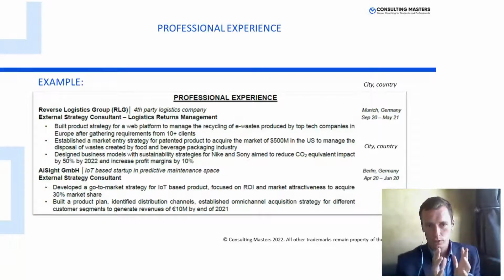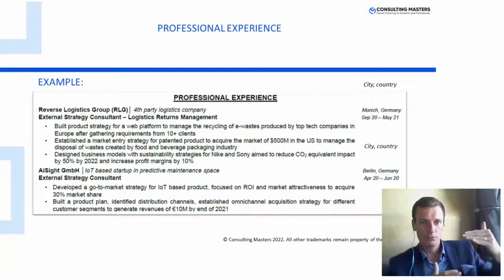A very good point because established is a verb in the past indefinite tense, a market entry strategy is a typical consulting job, and then the objective or the impact which it has created comes with notable facts: to acquire the market of 500 million US dollars in the US. That's a really great example because it showcases the quantifiable impact. I'm pretty sure this candidate was successful in being invited to several interviews simply through phrasing all the things in the right manner.